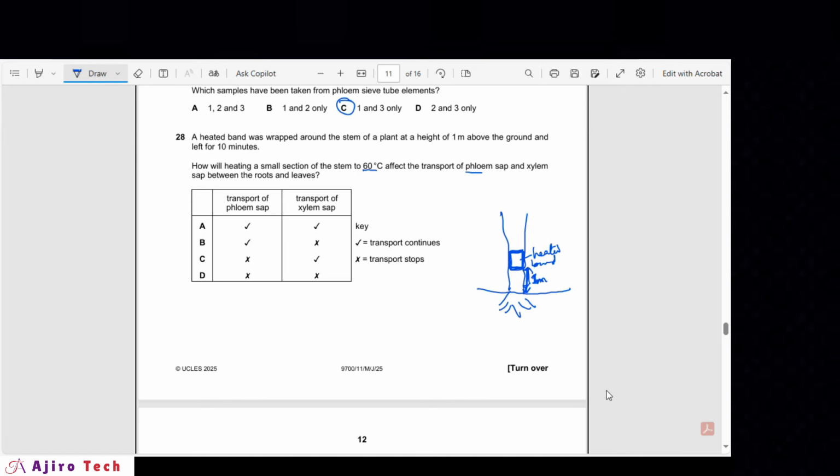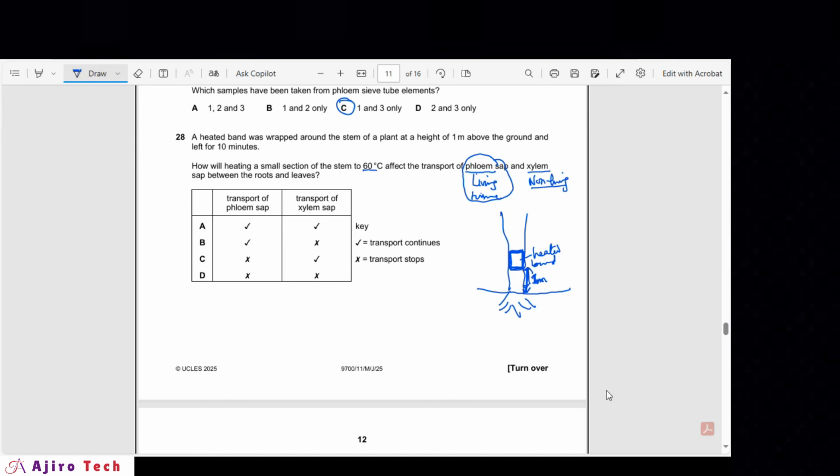Remember, phloem is a living tissue. Xylem is non-living. The phloem contains enzymes that are sensitive to temperature, so it will be affected.